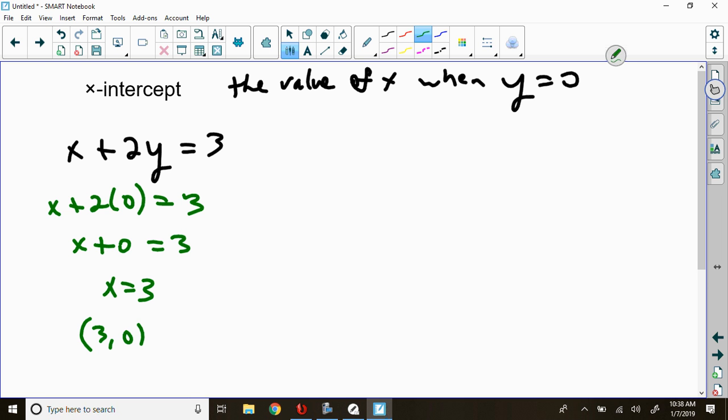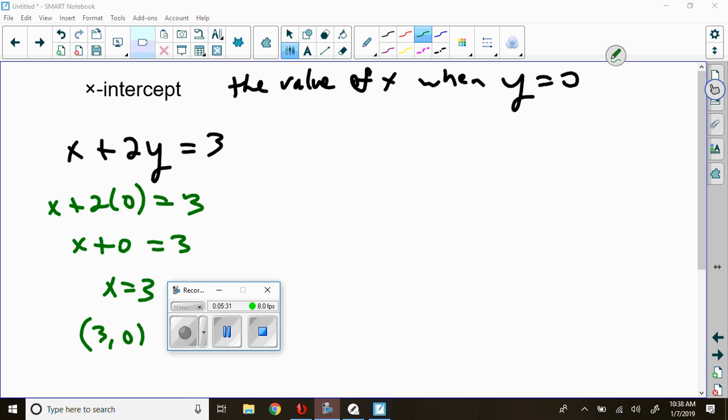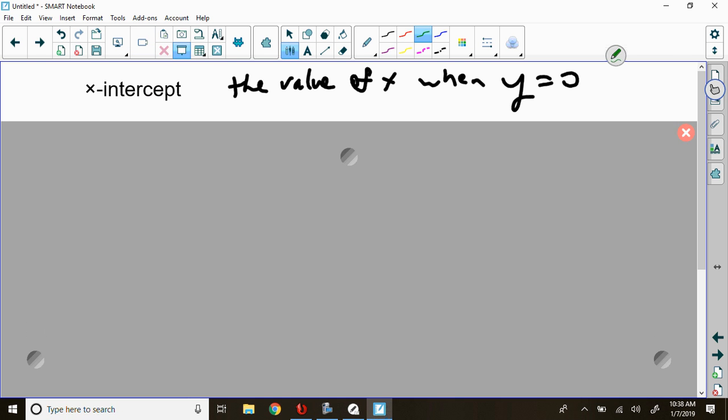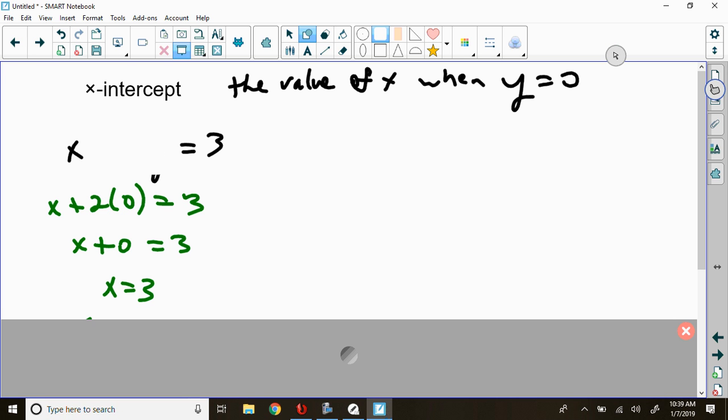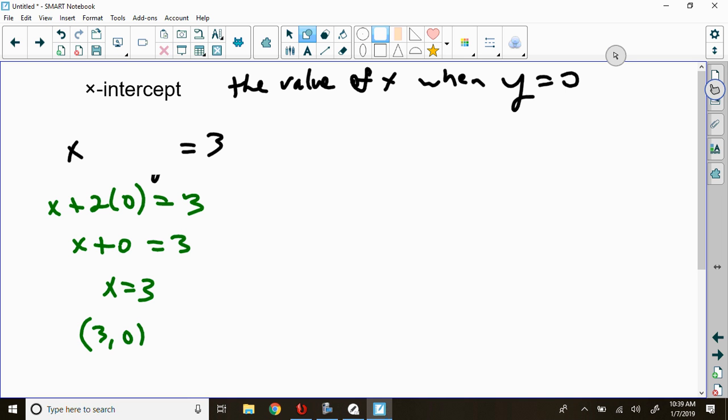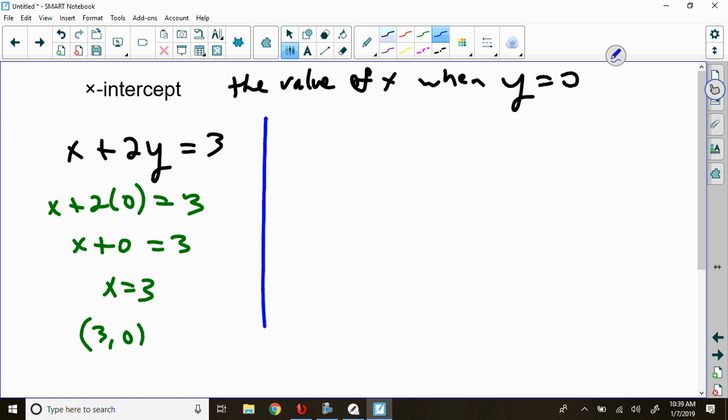The interesting thing is, I know it's the value of x when y is 0. When y is 0, this whole second term goes away, and x is 3. Boom, there it is. That easy. So x-intercepts are pretty easy to find when something's in standard form.